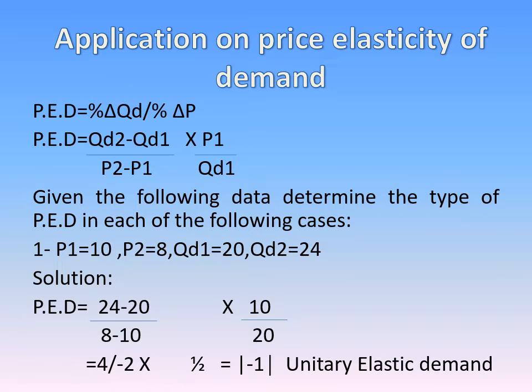So when we found the result is -1, remember what is the type of PED equals 1. Here you see it, unitary elastic demand. And then I'm going to refresh your mind: unitary elastic demand with a C curve. Look back at the previous lectures on price elasticity of demand.